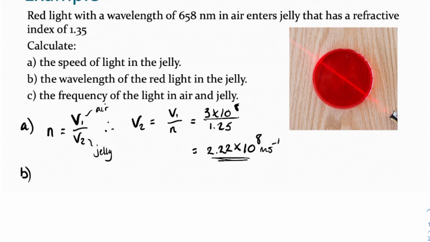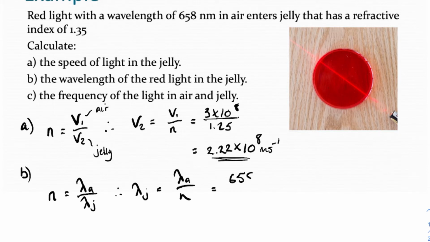Part B, what's the wavelength of the red light in the jelly? Well, we can use the same relationship. So n is equal to the wavelength of the light in air over the wavelength of light in the jelly. And again, we're rearranging this to get the wavelength of light in the jelly. So it's going to be the wavelength of light in the air divided by the refractive index.